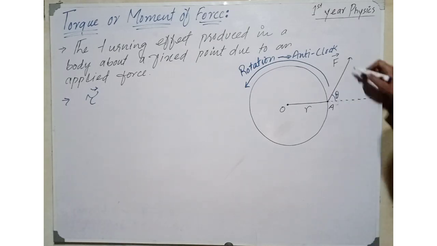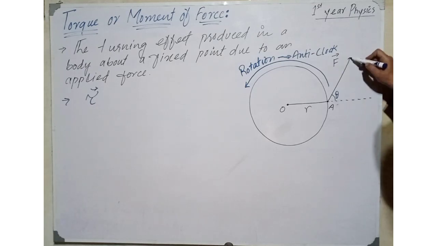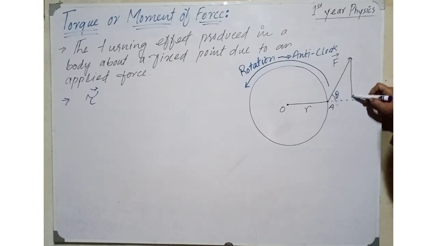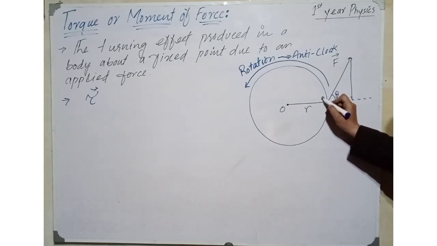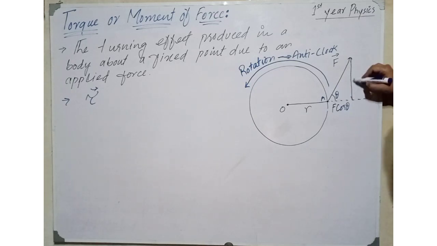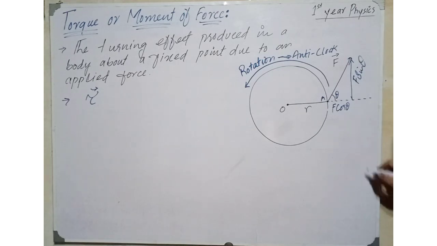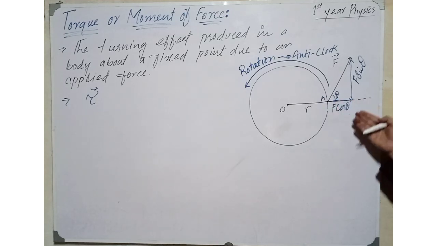So we can resolve this force into its component along the direction of the moment arm and perpendicular to the direction of the moment arm, by dropping a perpendicular. Let us say this is the point A over here. This component will be F cos theta, from the right angle triangle, and this component will be F sin theta. Now if the force acts along the direction of the moment arm, there will be no rotation produced.